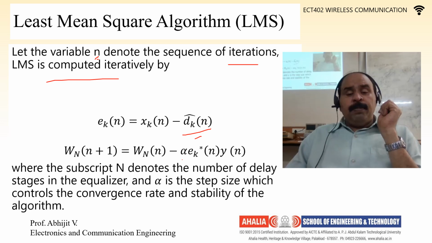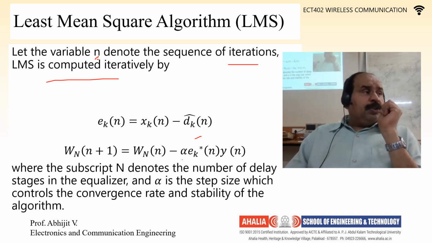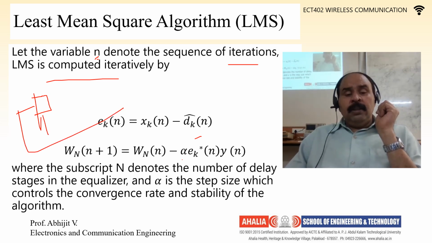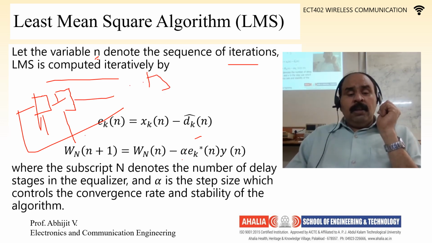The n subscript denotes the number of delay stages in the equalizer. We know that every equalizer has stages. Last time we saw that an equalizer works like this, you remember that? Imagine that we have an n stage equalizer, and we are summing up all these values.